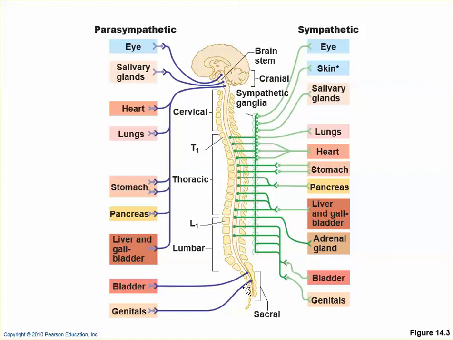Bladder, genitals, or sacral. You'll notice that there are no parasympathetic or no sympathetics coming from the cervical region or much of the lumbar region or the sacral region. It all comes out of the thorax and the upper part of the lumbar, the upper couple in the lumbars.